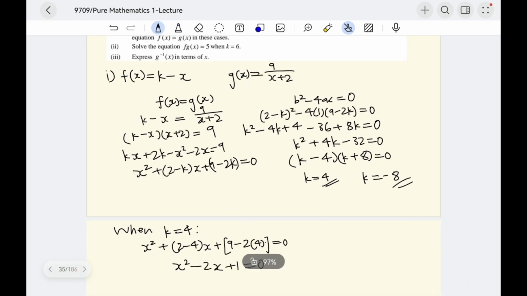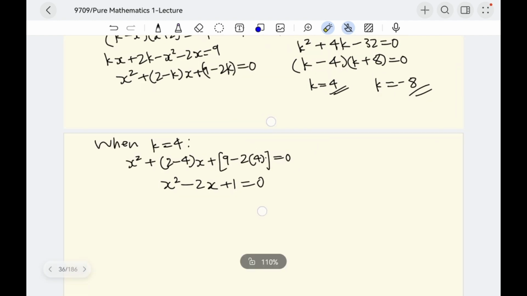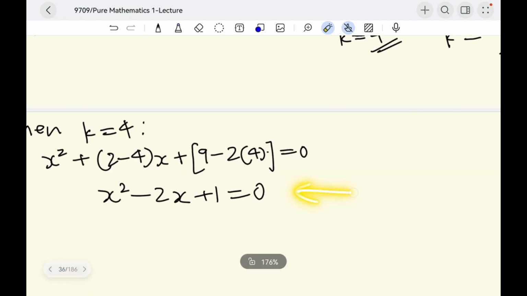Since you use the property of b squared minus 4ac equals 0, it means that your x over here only has 1 solution, following the discriminant properties, I mean the properties of the nature of the roots. So you may factorize into (x minus 1) squared.